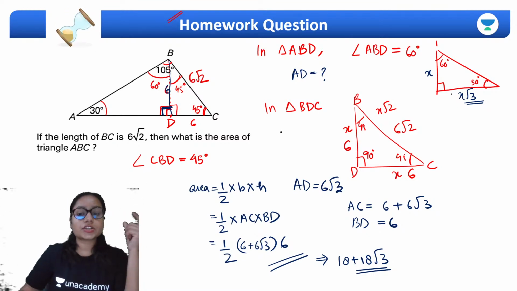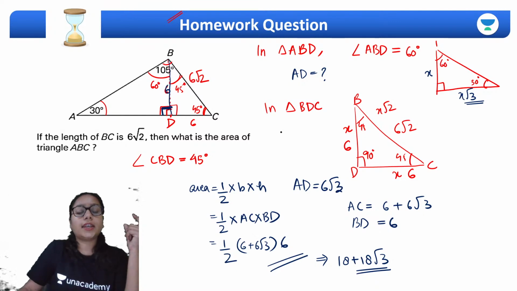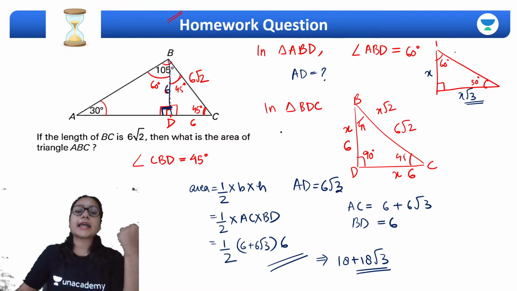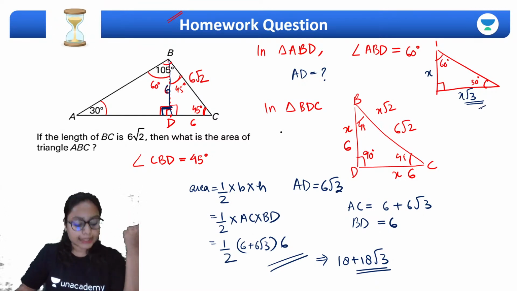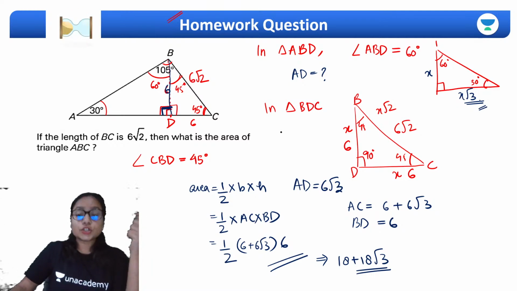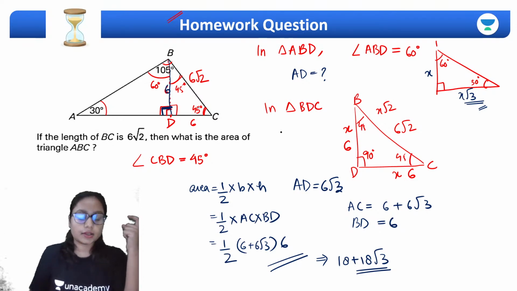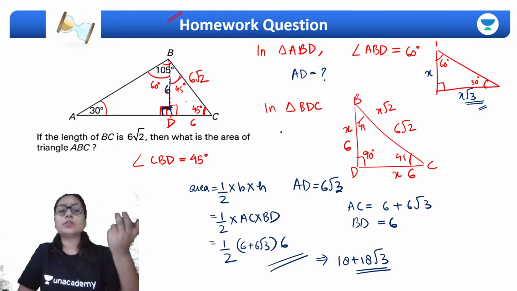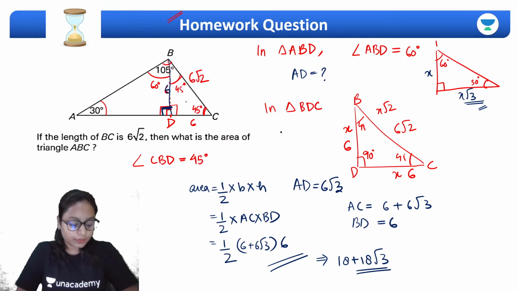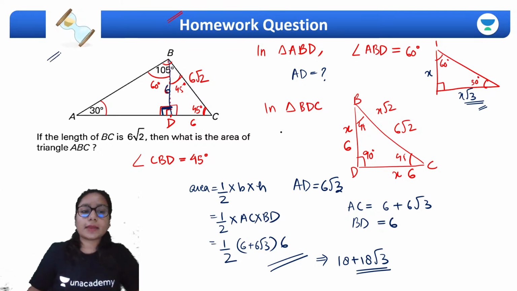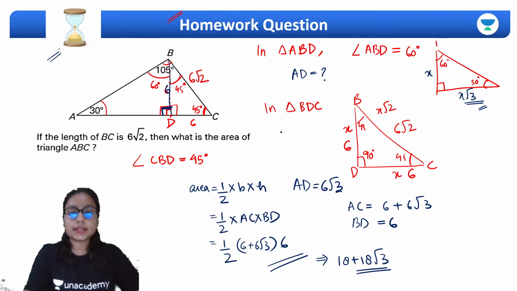In a special triangle, if the side opposite the 30-degree angle is x, then the side opposite the 60-degree angle is x root 3. Using this concept, we have calculated the height and the base of the triangle, and once you know the height and base, you can calculate the area. I hope, Priyanshi, this is clear now. Please try to solve this again. I'm sure you will understand this.